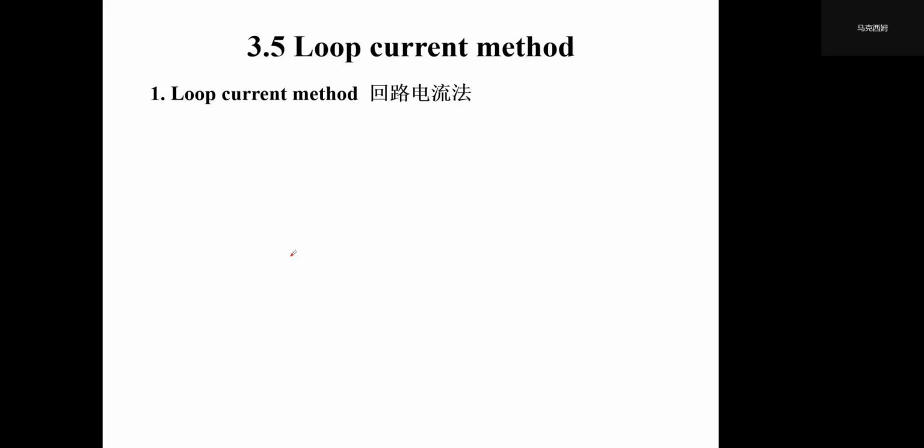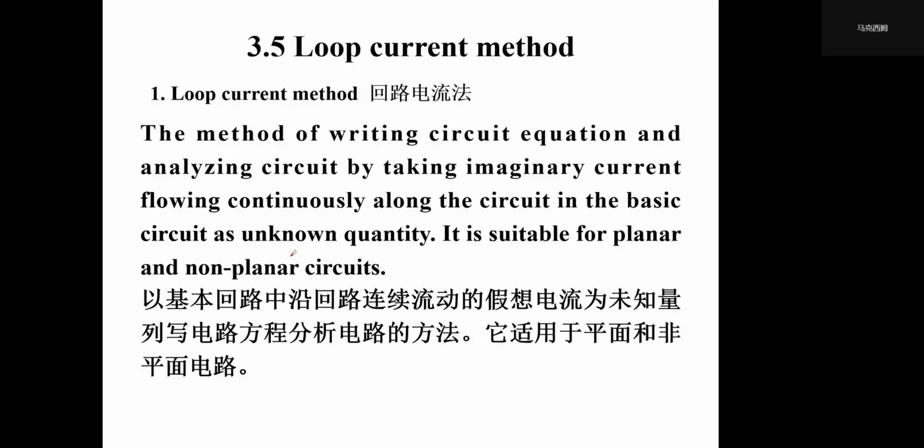So let's talk about the loop current method. We assume there's a continuous current running through the loops, the basic loops, and we list the equations from KCL and KVL to illustrate the inner relationship between the branches.